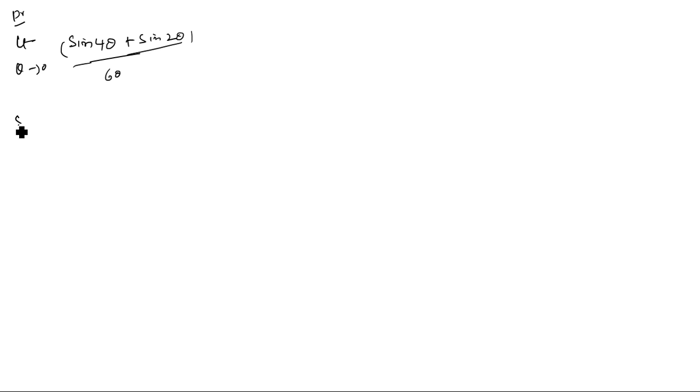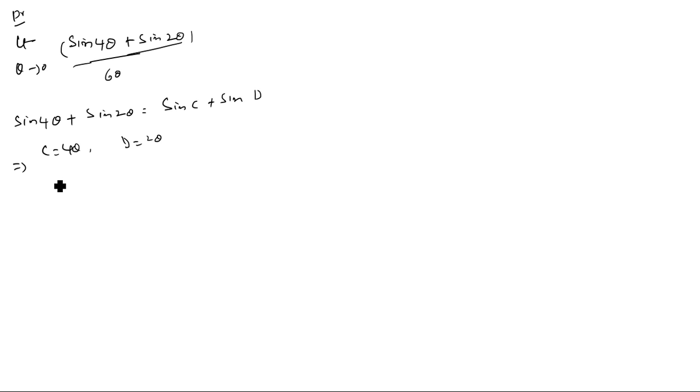Here we write it using a basic formula for sin 4 theta plus sin 2 theta. What is the formula? The formula is sin C plus sin D, where C is equal to 4 theta and D is equal to 2 theta.